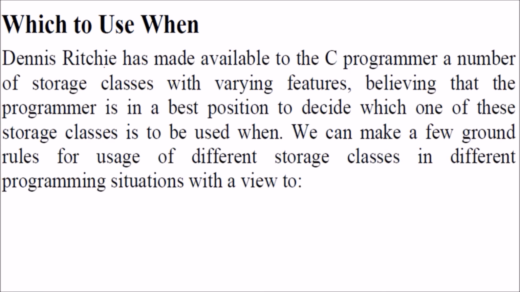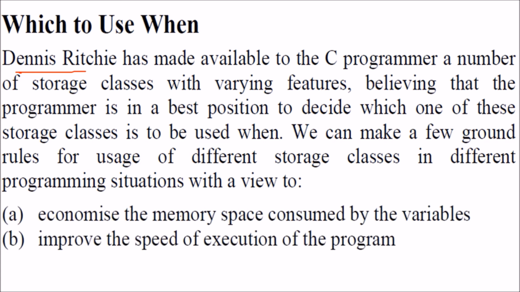So which to use when? Which storage class would you like to use when? There are various things which Dennis Ritchie has told about this. Because whenever you are doing programming, you need to economize, the economy is very important. So you need to economize the memory space consumed by the variable, and then for the speed of execution of the program also, you need some good storage classes to be kept.